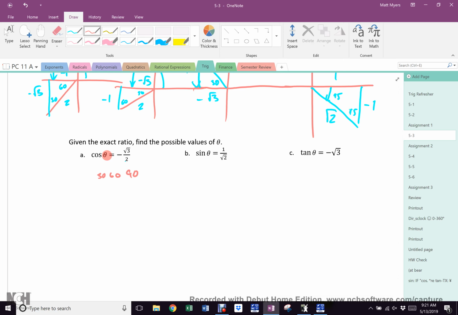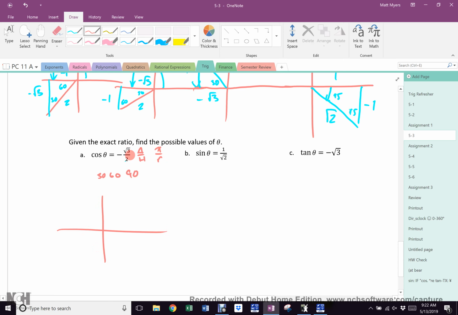What else do we know about cos? X over hypotenuse. So, since this is A over H, but it's also X over R, where are the only places that H can be positive? This is a trick question. I did it on purpose. Where are the only quadrants where H is positive? Every single one of them.